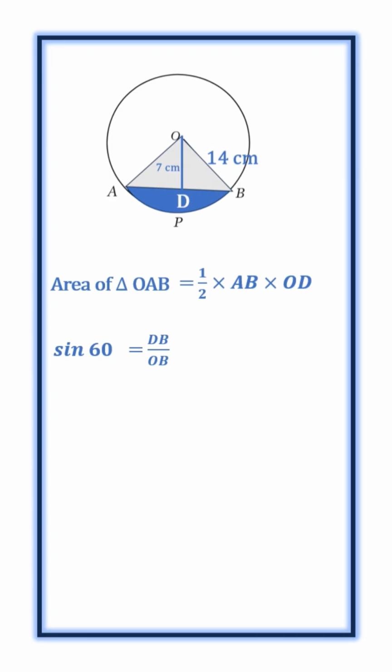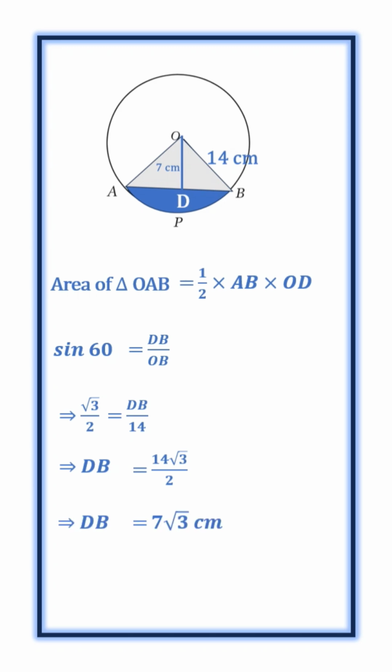Sin 60 is root 3 by 2. Opposite DB we don't know, hypotenuse is 14 centimeter. So cross multiply. DB is equal to 14 root 3 by 2. 2 7s are 14, so it is equal to 7 root 3 centimeter.